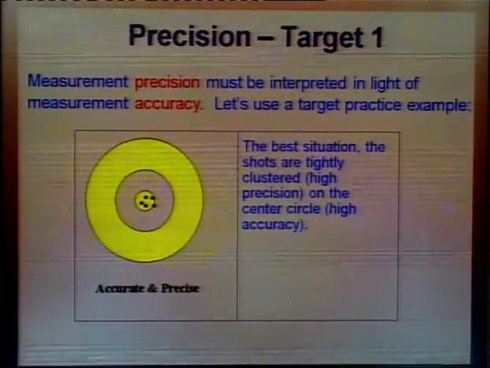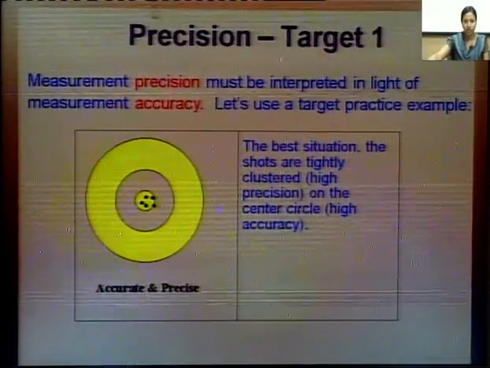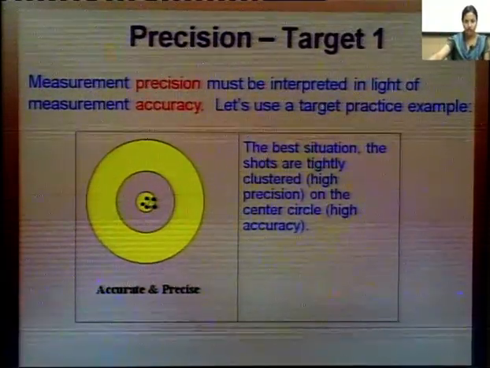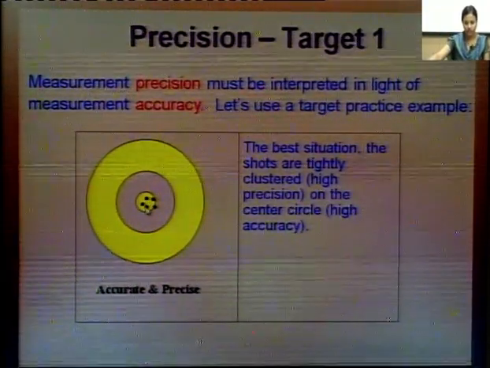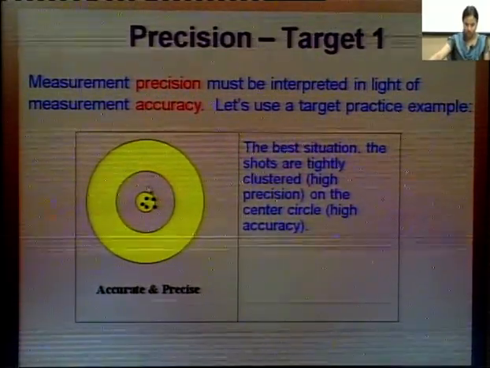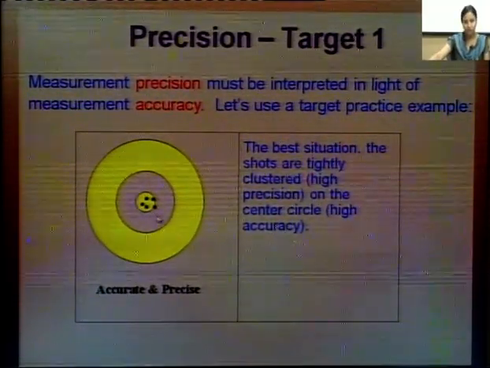Here we take an example. Measurement precision must be interpreted in the light of measurement accuracy. Let us use a target practice example. This one is the target. These five are our readings. In this example, these are accurate as well as precise.